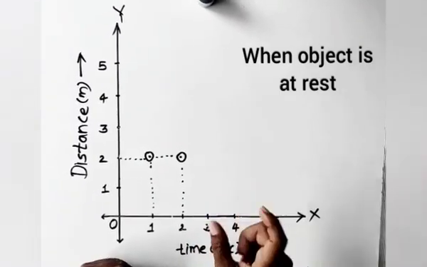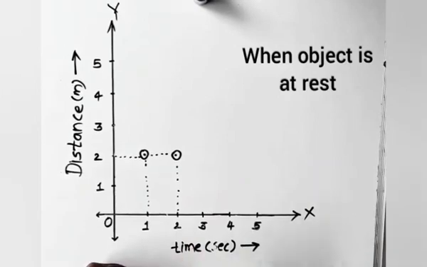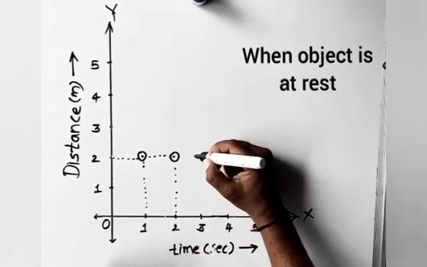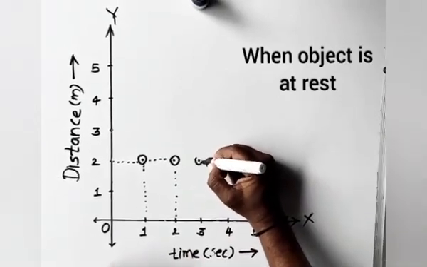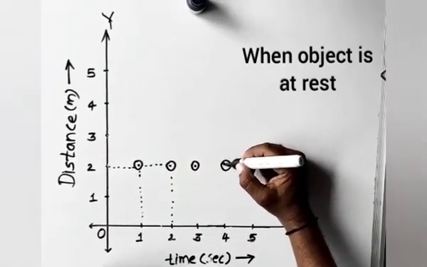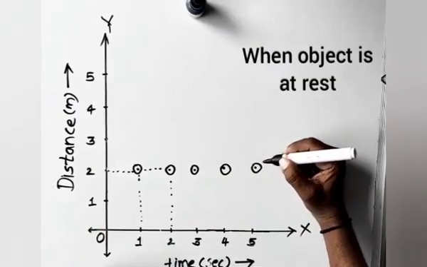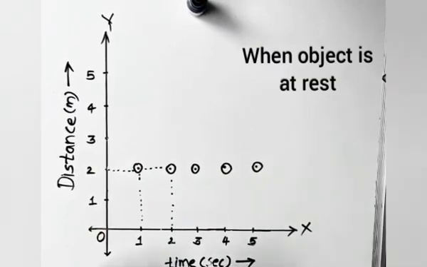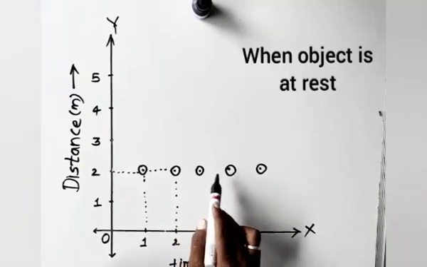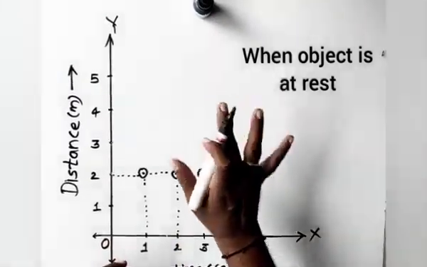After each second, the bottle is still at rest, which is 2 meter away from me. So at the third second, it is still at 2 meter. At the fourth second, it is still at 2 meter, and at the fifth second, it is still at 2 meter. In this way, we have got all these points which say that the ink bottle is at rest.